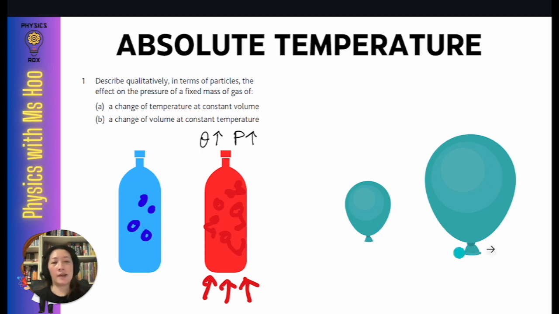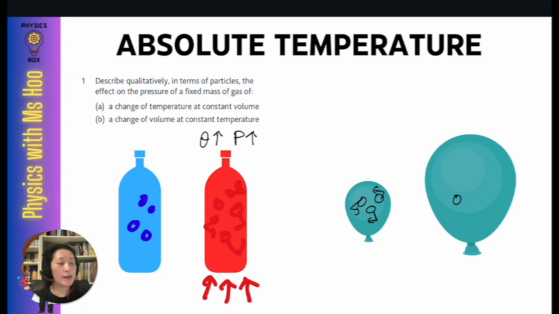In the second diagram here, let's look at a container where the volume can change, for example, a balloon. If we have the same balloon, but we are able to change the volume at a constant temperature, we need to see how the pressure changes. And how you can visualize it is this. Because the temperature is constant, that means the particles will be moving with the same kinetic energy.